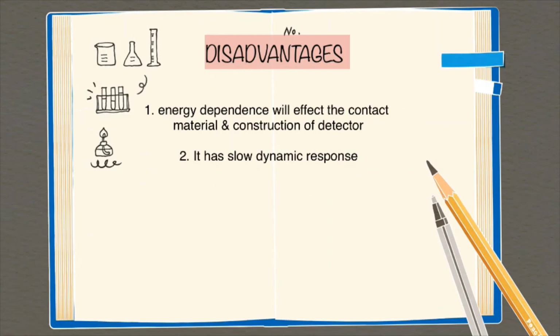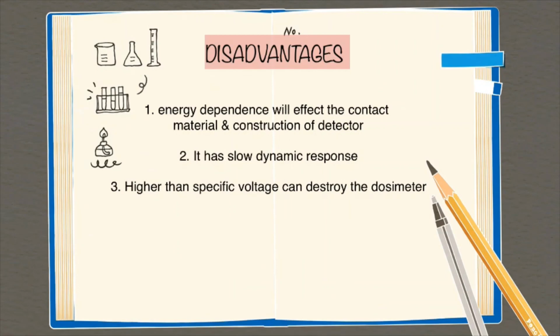In order to stabilize the dose response and reduce the polarization effect, this dosimeter must be irradiated when it is used. Another disadvantage of this dosimeter is that it has a specific voltage.